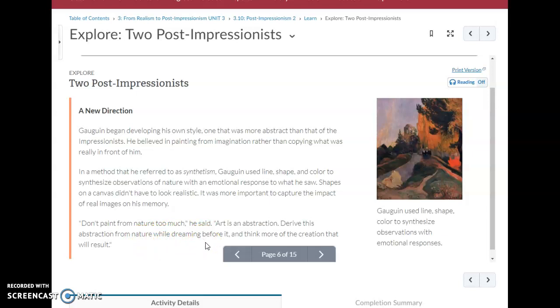So be in nature, look at nature, but also use your imagination, and you will get that abstraction from nature, and you can think more of the creation that will result. So don't think about painting something that looks really realistic. Think about blending your imagination plus what you're seeing into the creation that will result, meaning the painting that he's going to make.